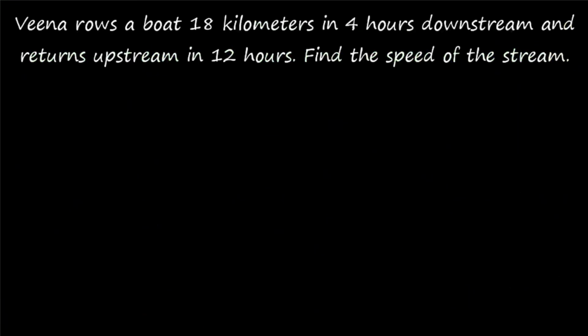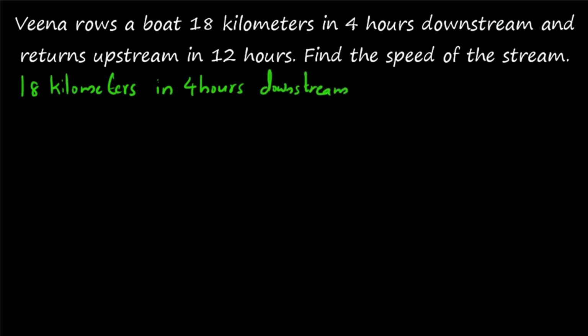Veena rows a boat 18 km in 4 hours downstream and returns upstream in 12 hours. Find the speed of the stream. So Veena is rowing a boat here and she is able to travel 18 kilometers in 4 hours. So what is the given information? In 18 kilometers she is able to travel in 4 hours downstream, and upstream also she will be traveling the same distance.